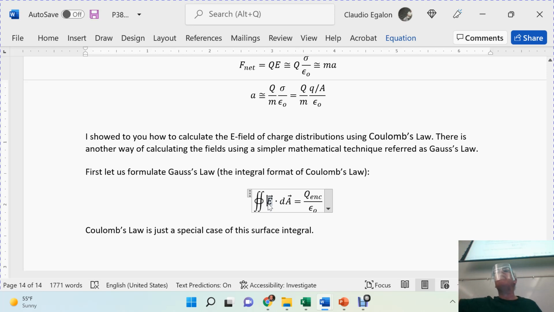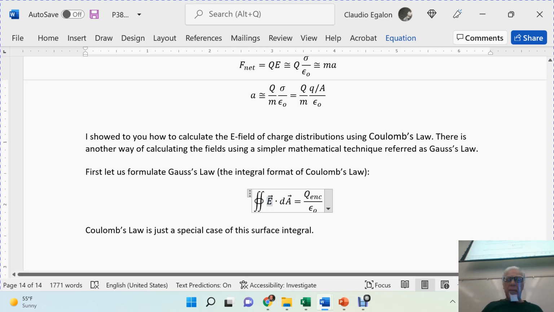In order to have a gravitational field, you have to have a mass. So it's the same thing as the electric field. The source of an electric field is a charge, an electric charge. And it's the charge that is enclosed by this surface.